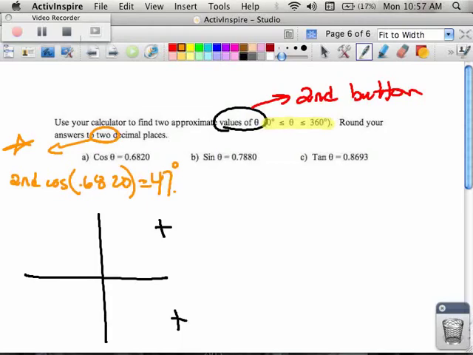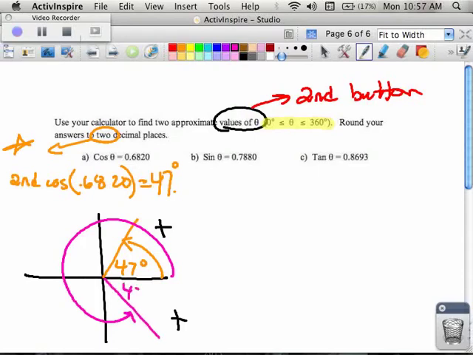You found the answer that was right here. This was the 47 degree angle. But the other one that you want is the angle that's in the 4th quadrant that has a reference angle of 47 degrees. That means you're looking for this one, the pink angle.